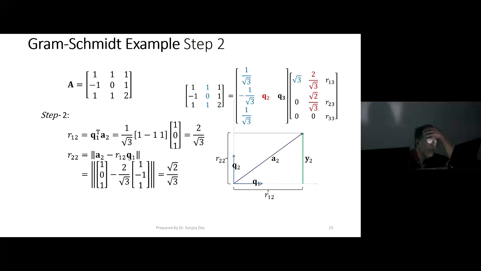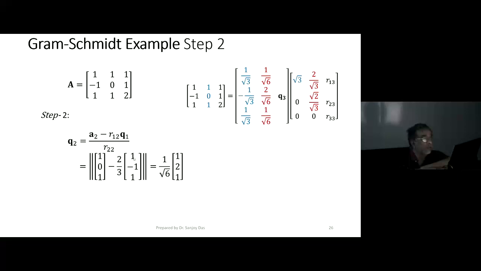R12 I know now, and Q1 I know from my previous step, and A2 is known. So this gives me R22 is square root of 2 over square root of 3. Now all I need to do is find Q2, which is basically normalizing this Y2, which is A2 minus R12 Q1. So that gives me 1 over square root of 6, 2 over square root of 6, 1 over square root of 6. Okay, so that's the step 2 example.